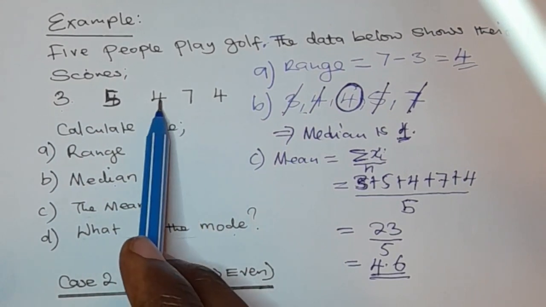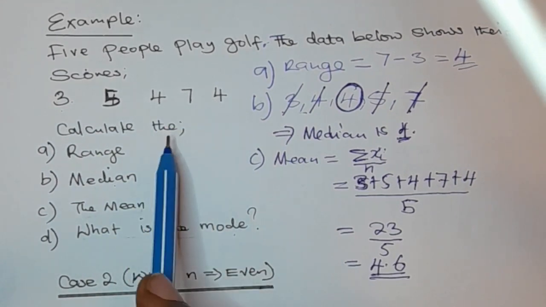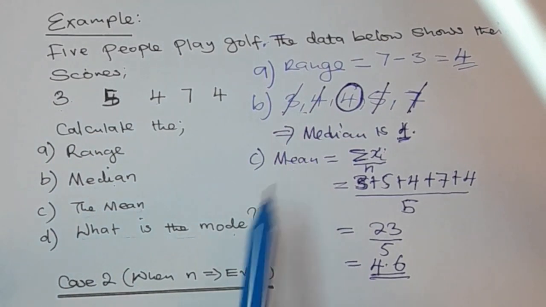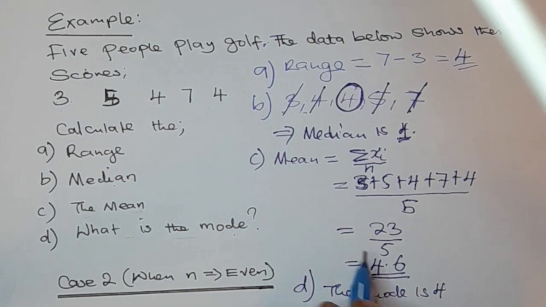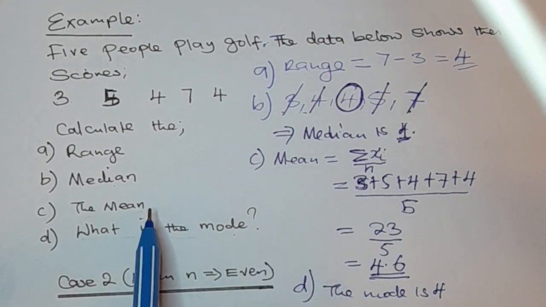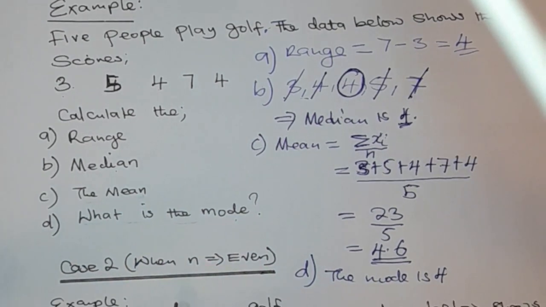Since 4 is appearing more, 4 will be the mode. If you had two numbers appearing more, then you would have those two numbers as modes, and when you have two modes, we call that bimodal.